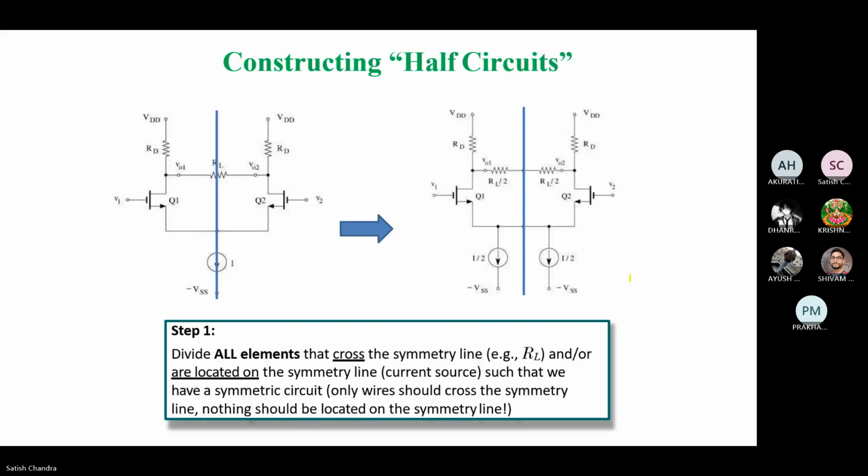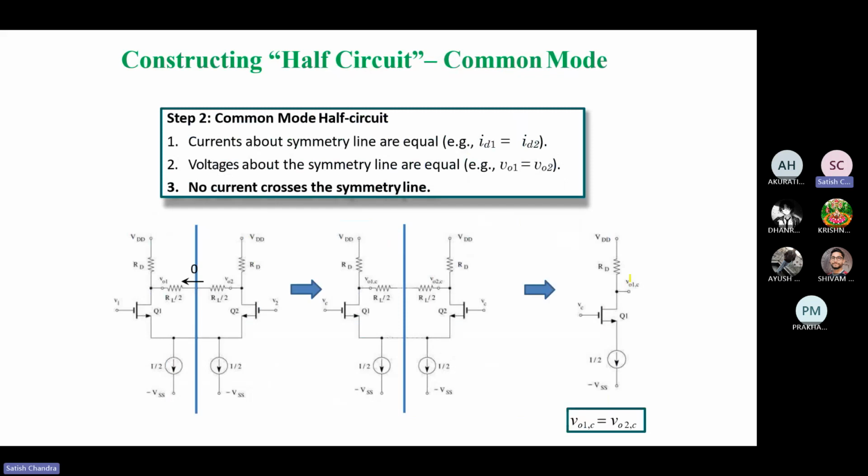So if we look at the common mode half circuit, no current crosses the symmetry line. It means the circuit is going to be drawn like this, and we are going to get V01 equal to V02 when we keep the collector constant.